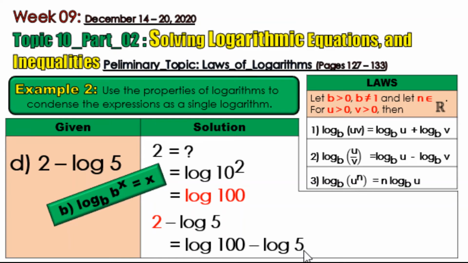So now we can condense this because we have the difference of the two logarithms. We have the same base, which is 10. And since this is a difference, we can condense this as the logarithm of 100 divided by 5.